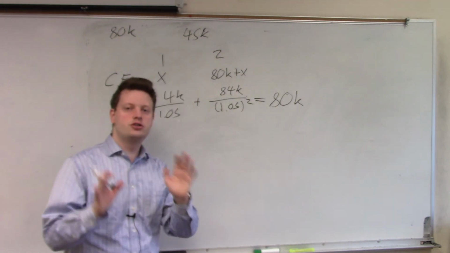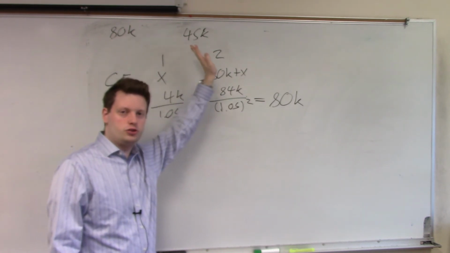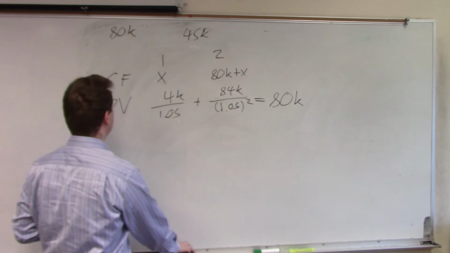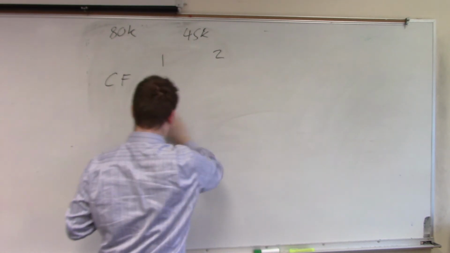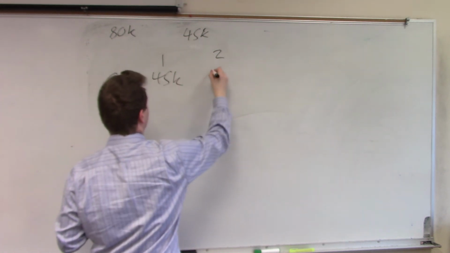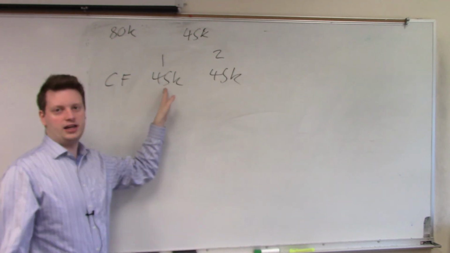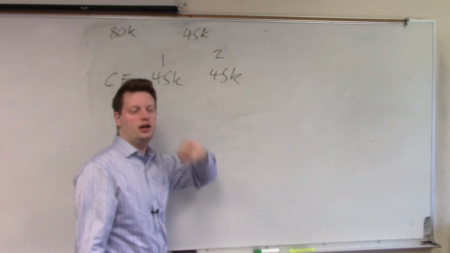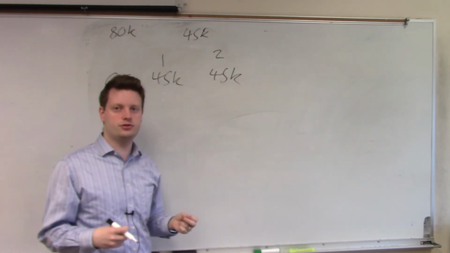Okay, let's now assume we get 45,000 from the machine over 2 years. So our cash flow from the machine, and we can use the same setup, is 45K and 45K. So after 1 year, I get 45,000, and after the second year, I get 45,000. So in total, the cash flow is 90,000.